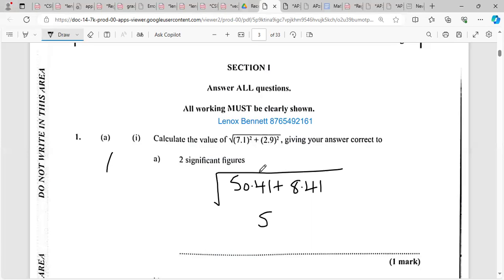58.82. And then we just find the square root, and that is our answer. So the square root of 58.82.